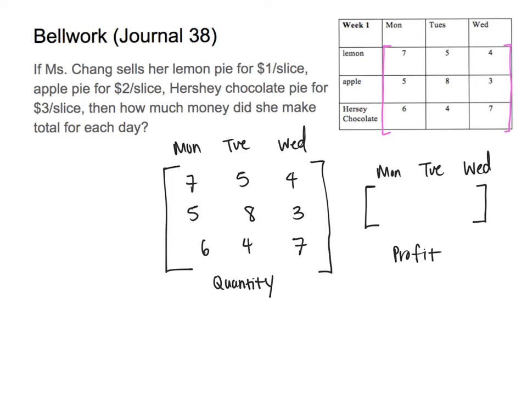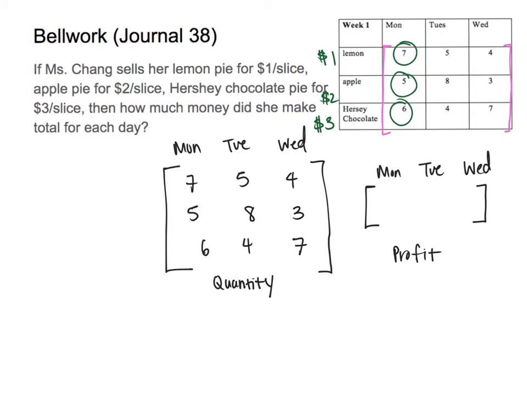When I'm thinking about this problem, and I just want to focus on getting the amount that I made on Monday, that means I'm going to have to multiply $1 to the 7 lemon pies I made, $2 to the apple pies that I sold, and $3 to the Hershey chocolates I sold.